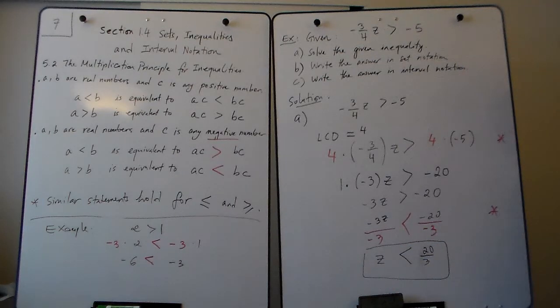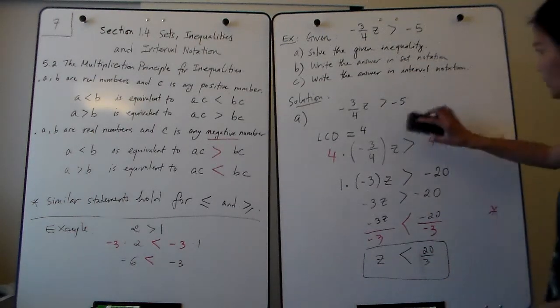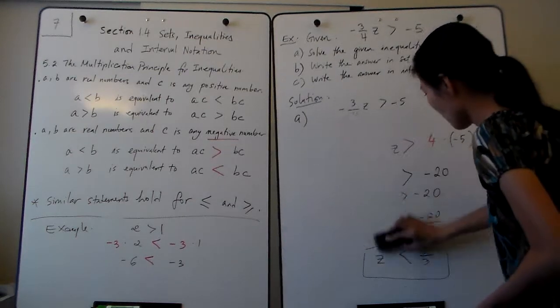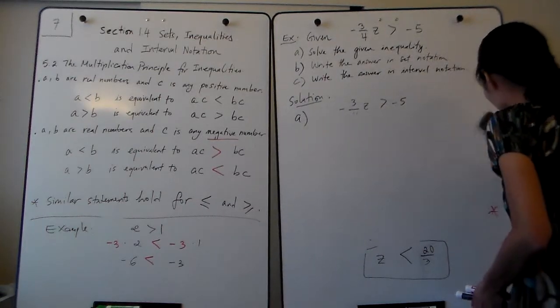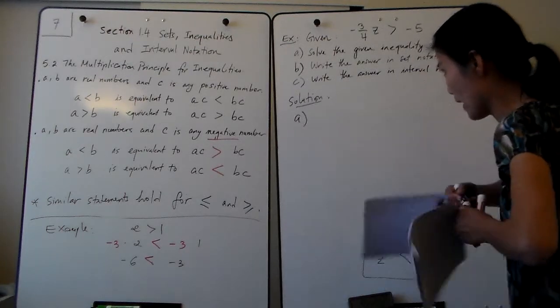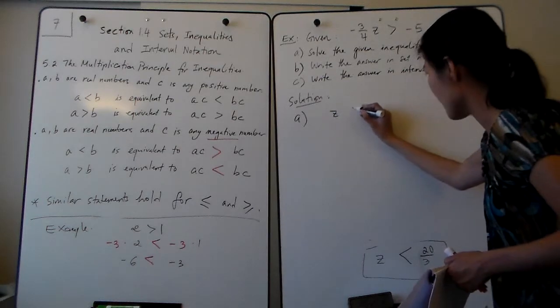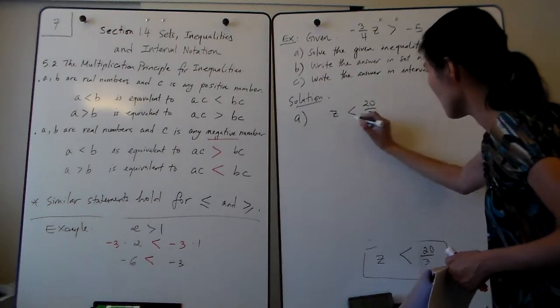We move on to part B, which is write the answer in set notation. So let me delete this to make space. And I will copy the answer for part A up here, which is z less than 20 divided by 3.